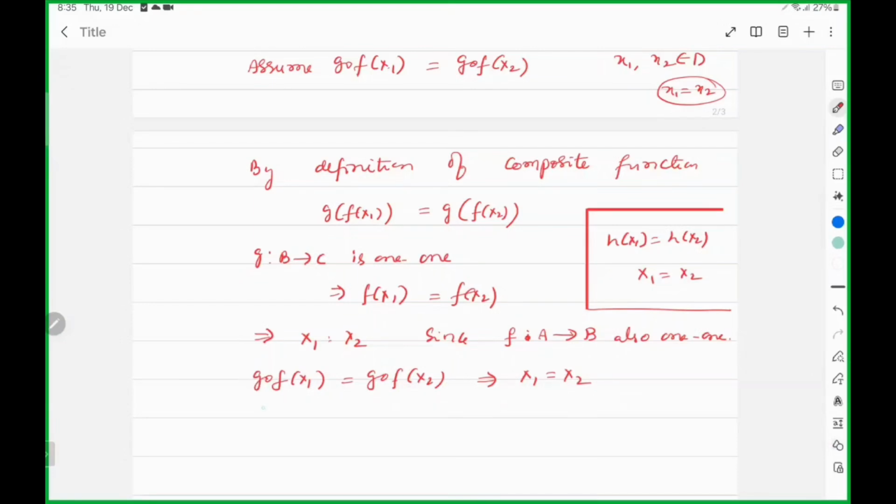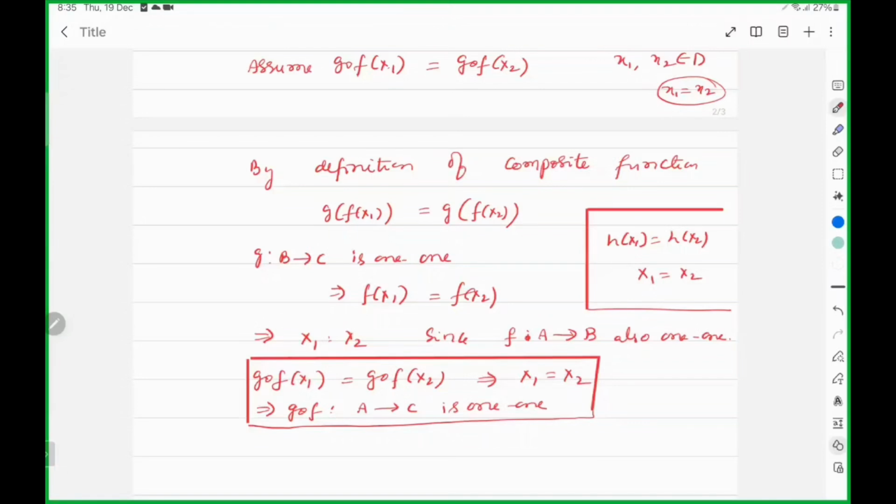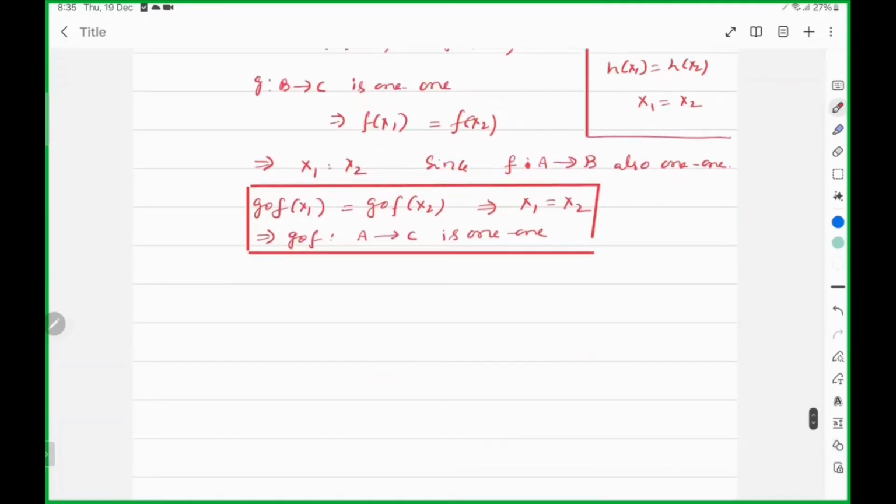So from this I can say g circle f mapping from A to C is 1-1. This is how you have to prove the theorem.